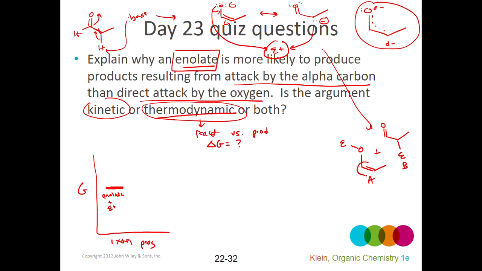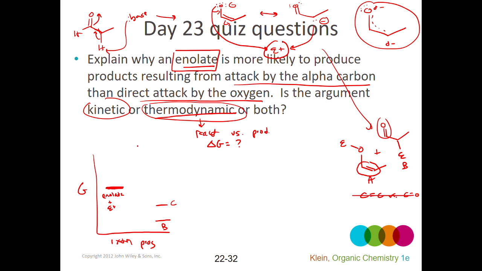But a pi bond between carbons versus a pi bond between a carbon and an oxygen, there is a difference in stability. The carbon-oxygen pi bond is significantly more stable than the carbon-carbon. So if I'm just looking at the products, I can say the product B should be significantly lower in energy than product C because of the pi bond being more stable.